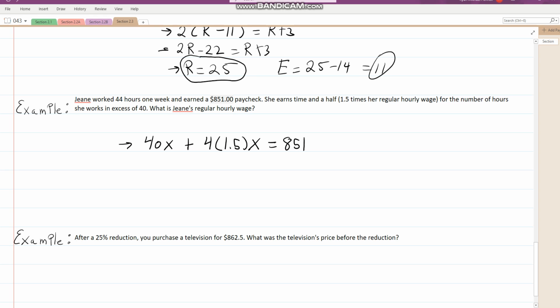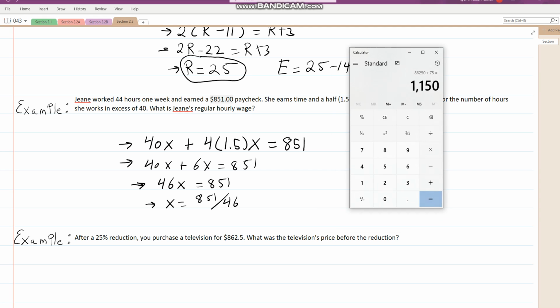Okay, so that's just a single equation. So now we have 40x plus 4 times 1.5, which is 6x. So it looks like we got 46x equals 851, and x equals 851 divided by 46.